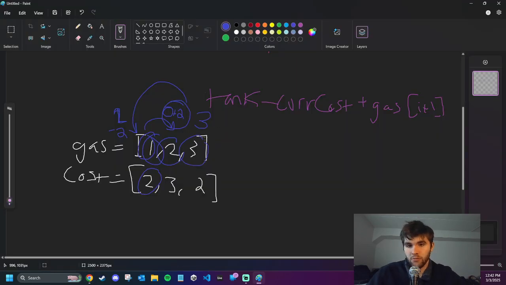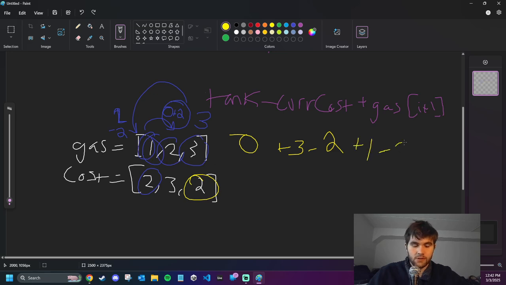So 0, so that's how much we start with, and then we fill up with this 3 here. And then it costs us this 2, right? So it costs us that 2. And then we fill up 1. And then it costs us 2, right? Minus 2. So that says this is 0, which looking at it, this evaluates to 1 plus 1 minus 2. Yep, okay, so that is 0.